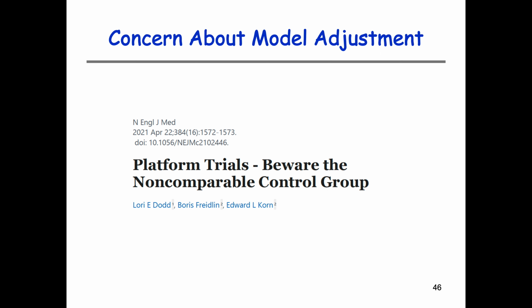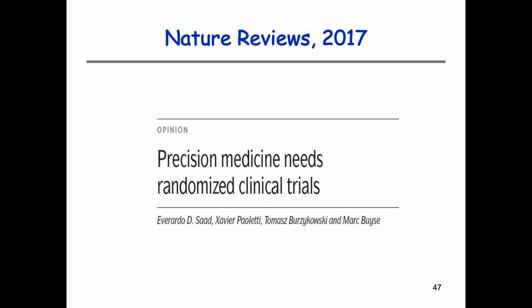Well, not everyone was excited about this. These three authors had a paper in this year's New England Journal: Platform trials, beware of the non-comparable control group or the non-contemporary control group, and they come down pretty high on that. These authors also say, well, look, we're going for precision medicine here.